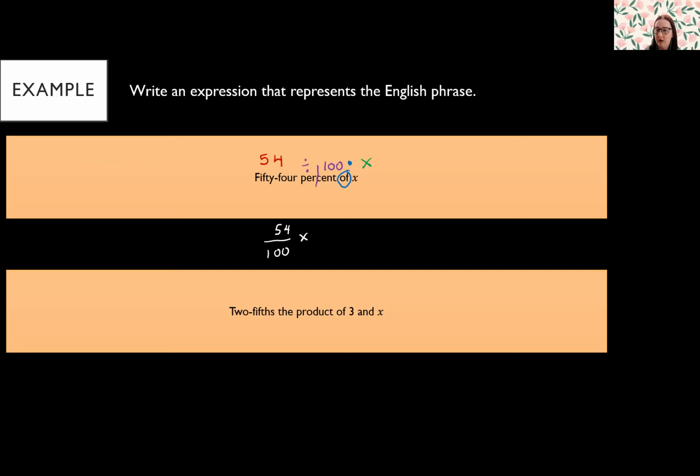And then we don't need the multiplication sign because we just have this number next to your variable that is assumed multiplication. So if you were to go further, you would then reduce your 54 over 100, but we're going to leave it because all we're doing here is translating. So when we translate into math, we don't use the percent symbol. We write it as over 100, whenever we're doing the translations.